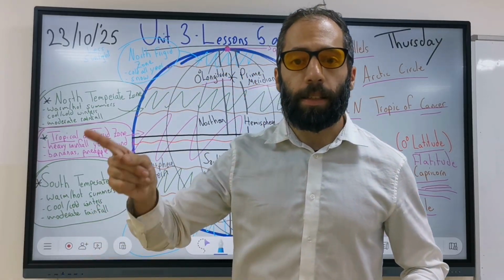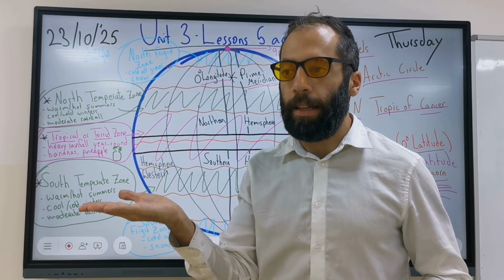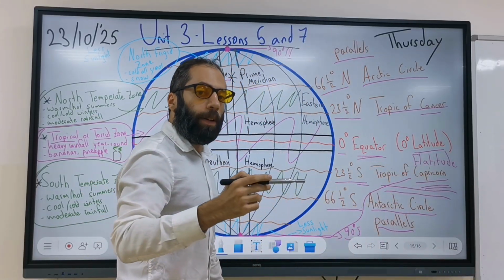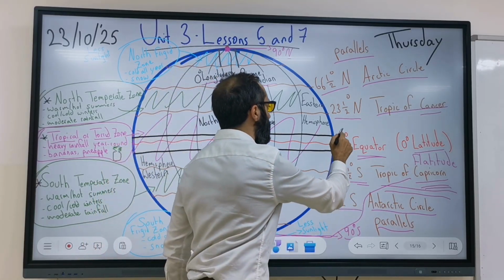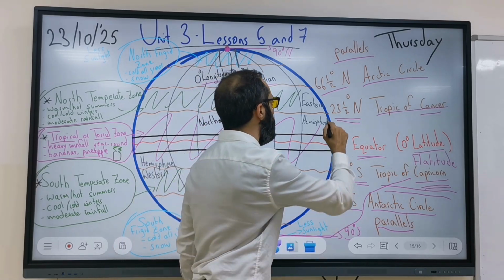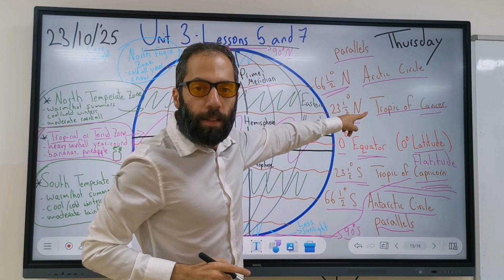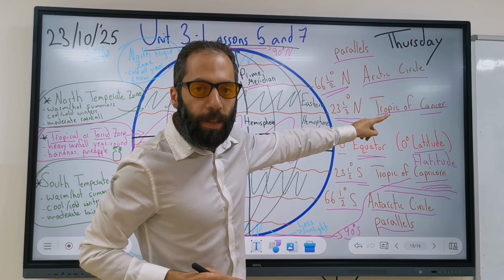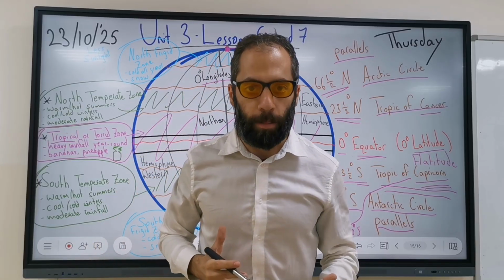Okay, now let's talk about another climate zone. Let's keep going up in the lines of latitude. If we go up to between 23.5 degrees north and 66.5 degrees north, so between Cancer and the Arctic Circle, we will enter a new climate zone.